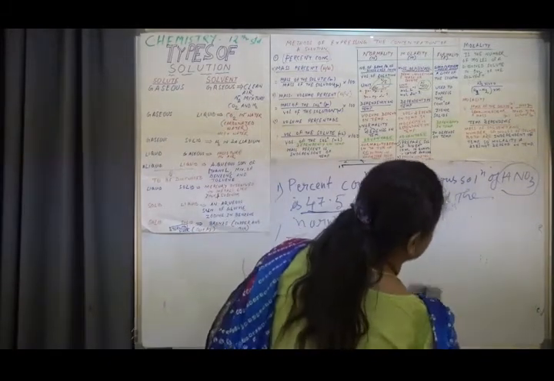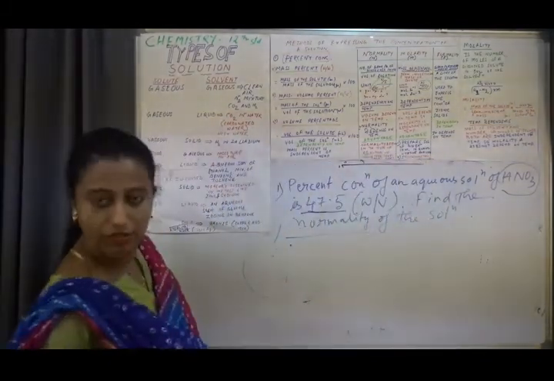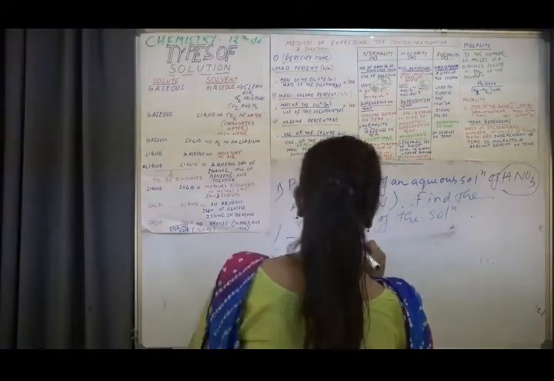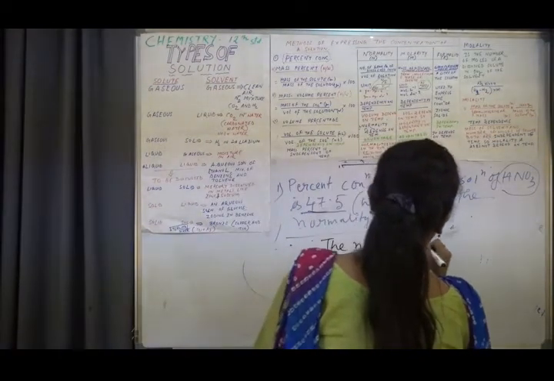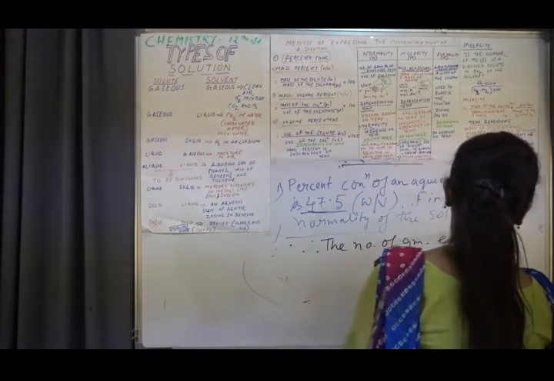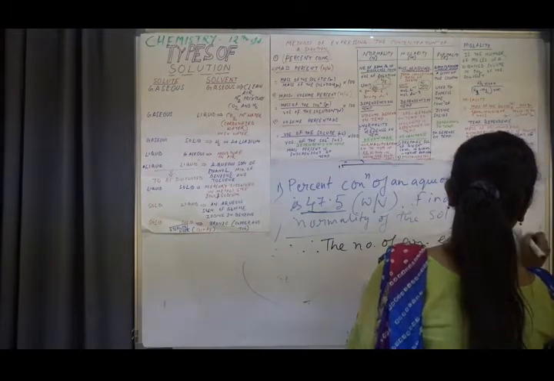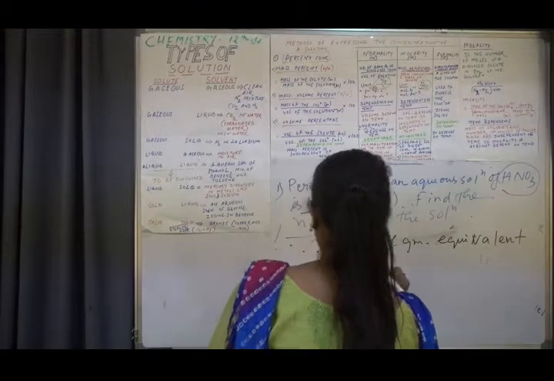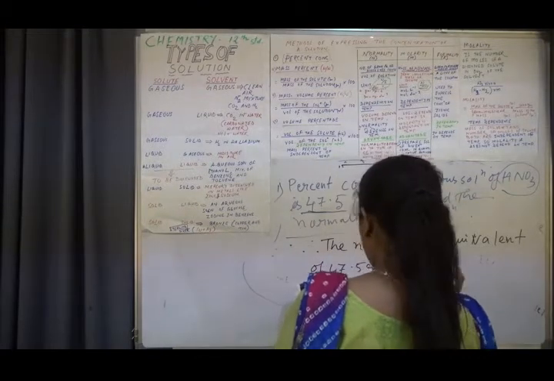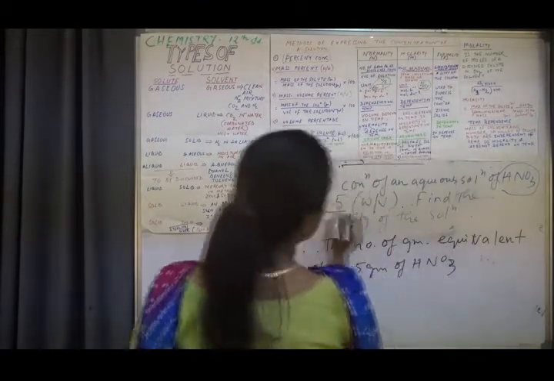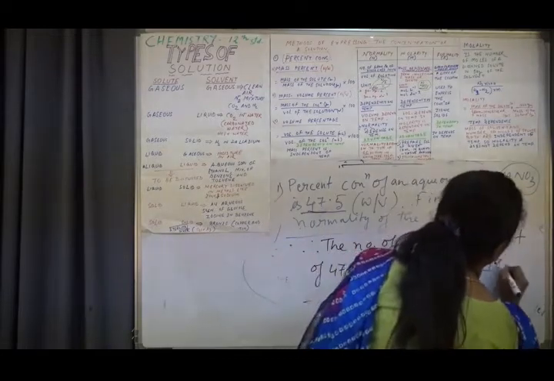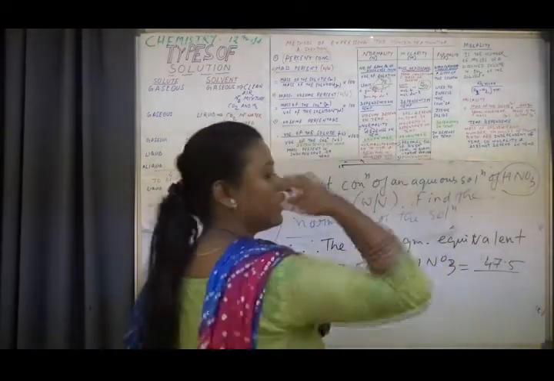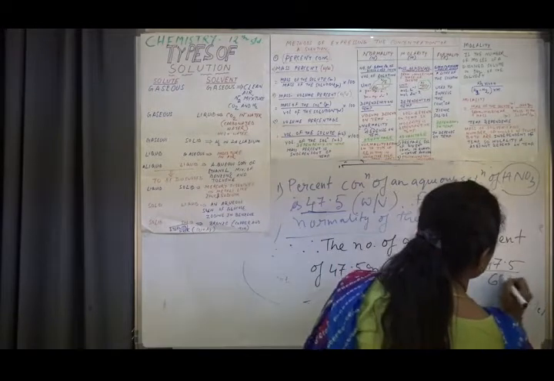Therefore the normality of the solution will be, the number of gram equivalent of 47.5 gram of HNO3 is equal to 47.5, and what is the equivalent weight? This is 63.